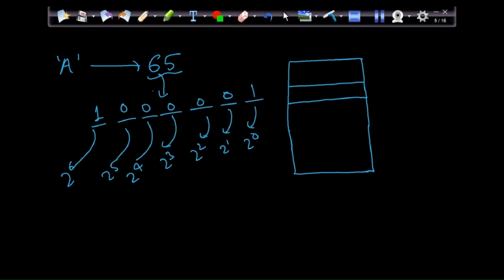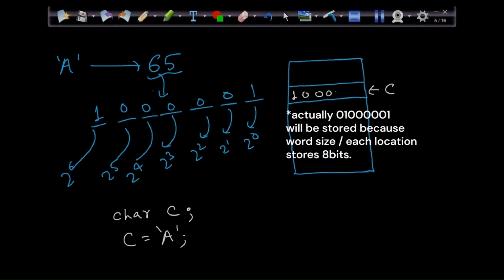There is a variable called character variable, which is char c. Let's say this is the location where c is stored, and you assign A to this. What is stored in this location is 1 1 0 0 0 0 0 1.